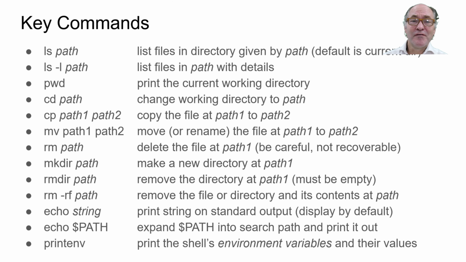Now, if you want to see all of the environment variables that your shell is currently maintaining for you, you can use the printenv command. And you might be surprised at how many pieces of information your shell keeps track of for you. There are ways of setting, changing the values of, and removing environment variables from your shell's environment. An environment here being a funny word for a binding of variable names to values.